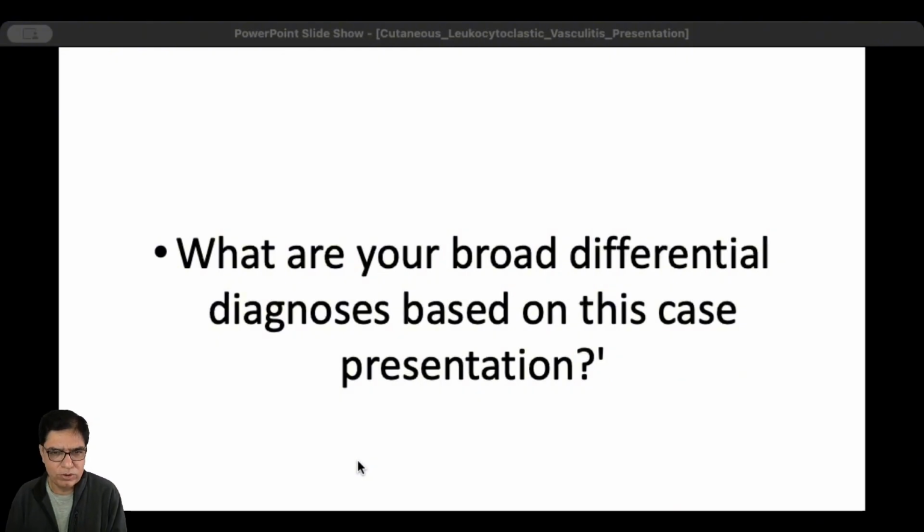And can you name a few inflammatory conditions which can present with erythema nodosum? Pardon? Ulcerative colitis. Okay, inflammatory bowel disease, that's fine. Ulcerative colitis, or what's the other one? Crohn's disease.